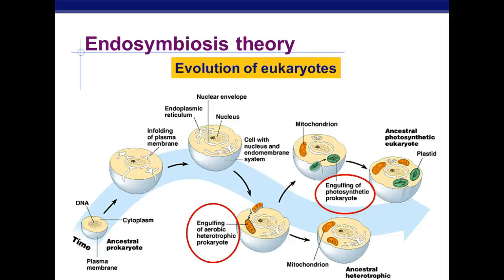Now remember, it's just a theory. Nobody really knows that this has actually happened. Theory is unproven, but it has a bunch of data to back it up. And that involves the engulfing of other bacteria that are specialized in respiration and photosynthesis. This theory is referred to as endosymbiosis, first developed by who? Lynn Margulis. Okay.